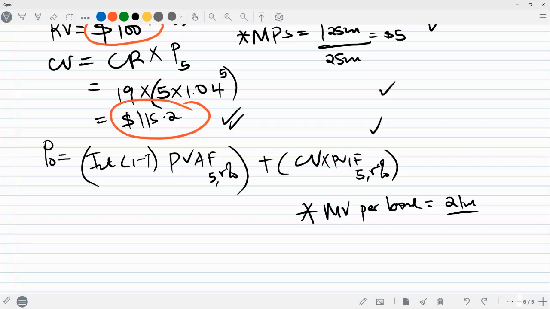Going back to the financial statement, the total nominal value of the bonds of the company is 20 million, and one bond has a nominal value of 100. Therefore, the number of bonds is 20 million divided by 100. To get the market value per bond, we divide 21 million by the number of bonds, and you get 105.